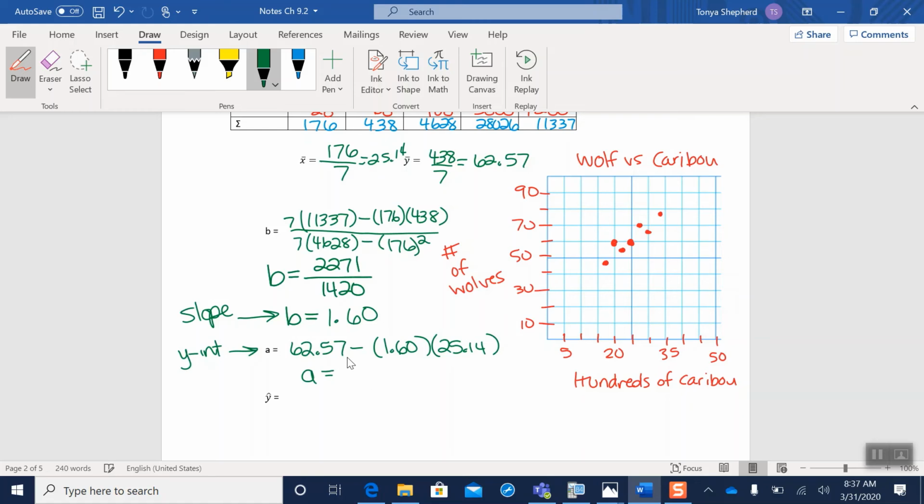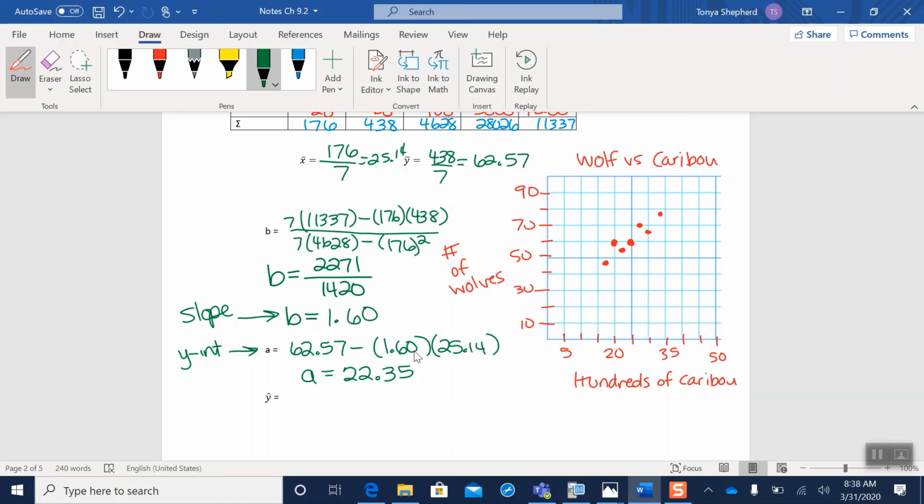So if we go ahead and punch that in our calculator, we get a value for A of 22.35.